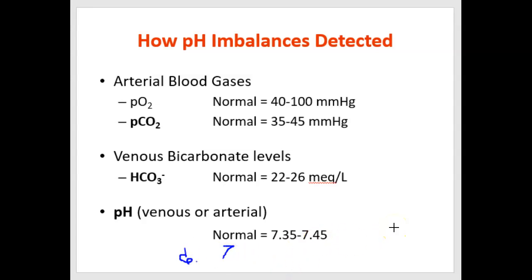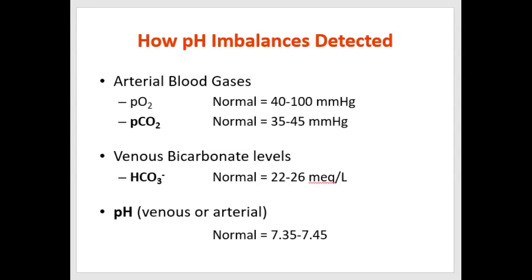I can't remember what it is, but you could also see a disorder going alkaline, up to 8 or something like that. But what's more common is to try to detect slight pH imbalances that are, well, I don't know if they're slight, but pH imbalances that are already being compensated for by the body.